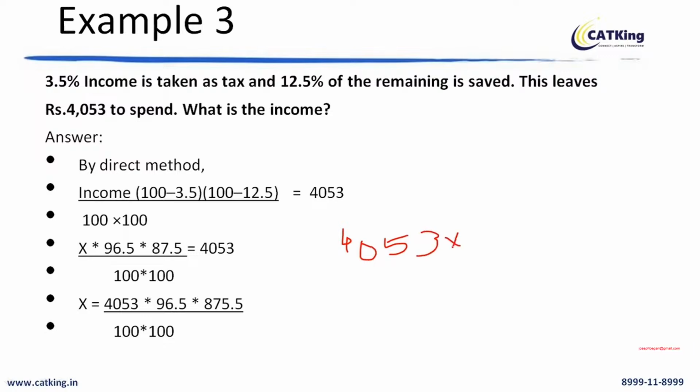So 4053 into 100 into 100, upon 96.5 into 87.5.